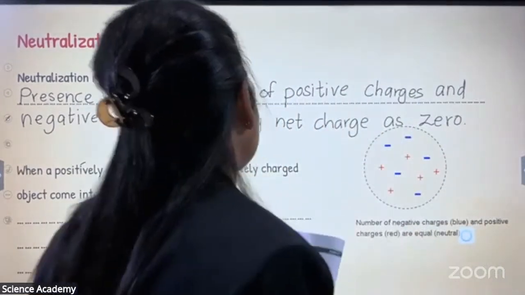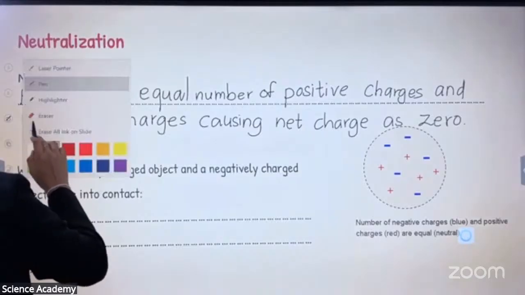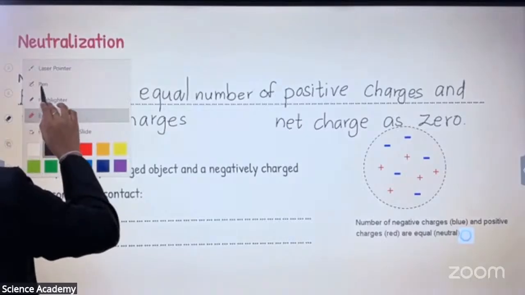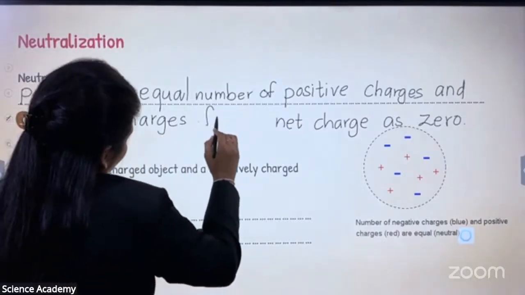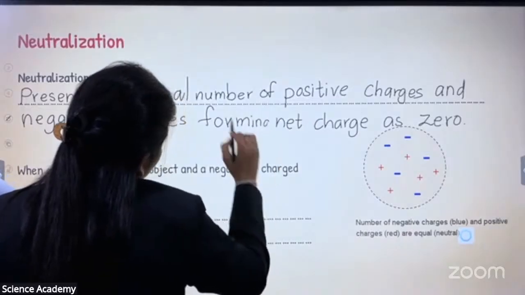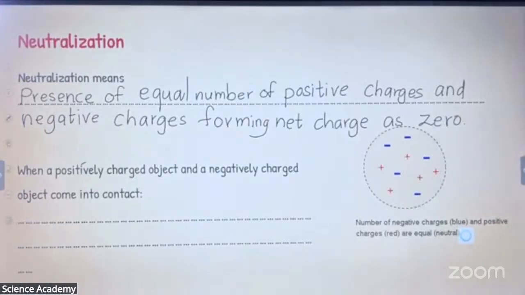Here, rather than causing, we can write forming net charge as 0. Forming means to create.